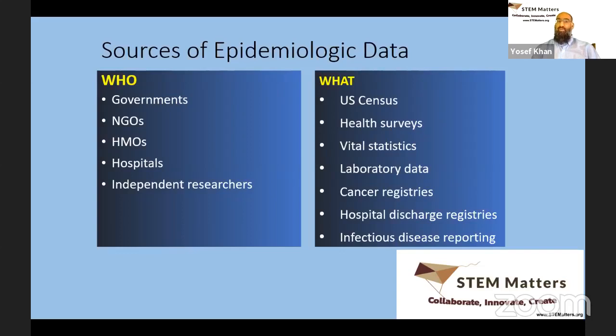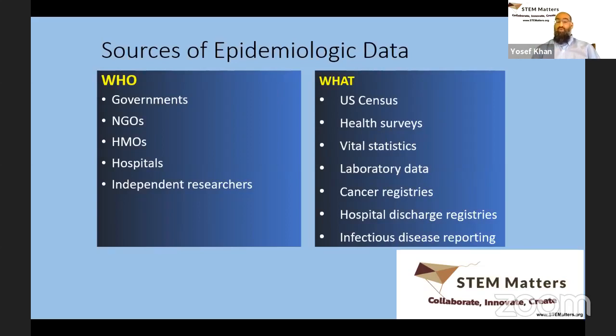All of that data is being collected in terms of where you're going, where you're going to be seen, who is seeing you, and what tests are being done, and the results of those tests. Hospitals are a huge source of data. Hospital systems collect data on all of their inpatient as well as outpatient data, and independent researchers. Those researchers could be in industry like pharmaceutical companies.